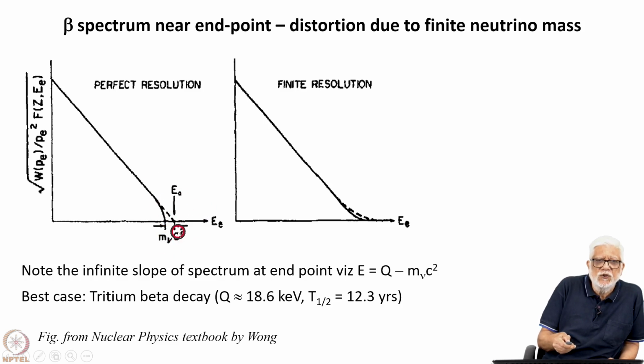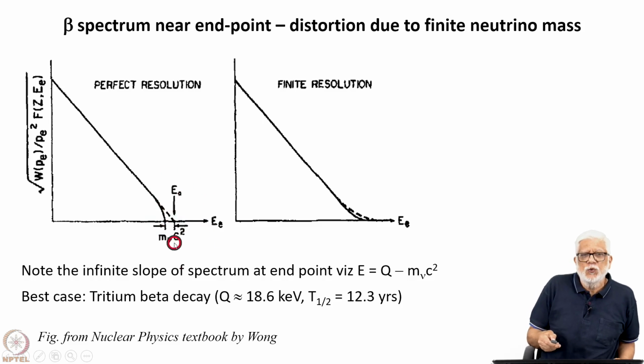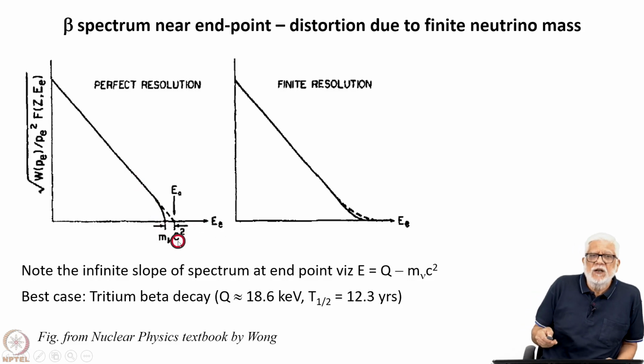This fact is made use of in the detection of finite mass neutrinos. Of course, you need a resolution which is of the order of, or maybe even slightly better than m_nu squared, if you want to actually see this infinite slope. Usually this would perhaps have been possible if you have a neutrino mass which is large, like maybe 20 electron volts or something.